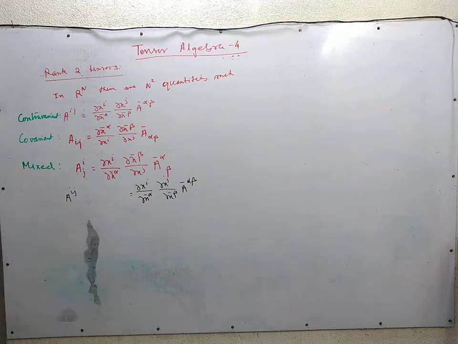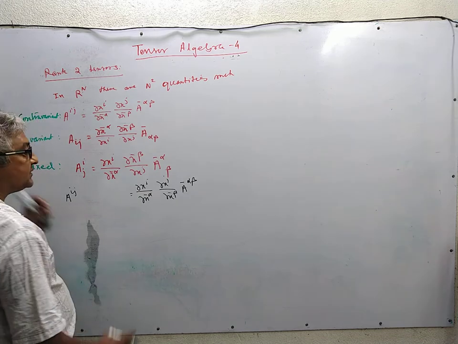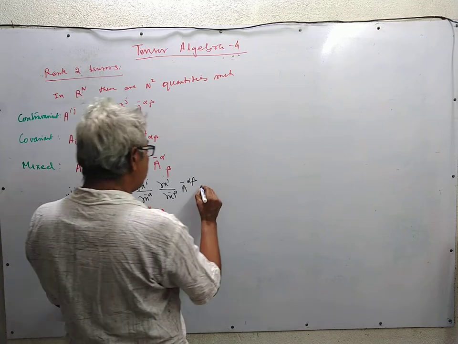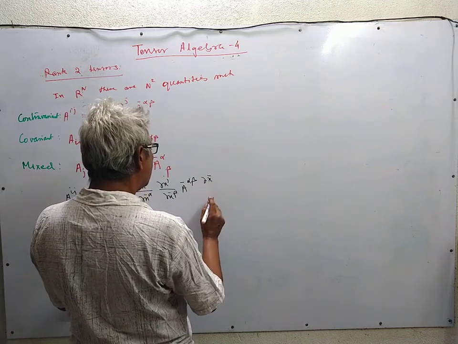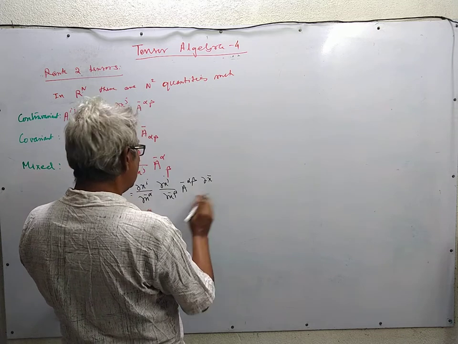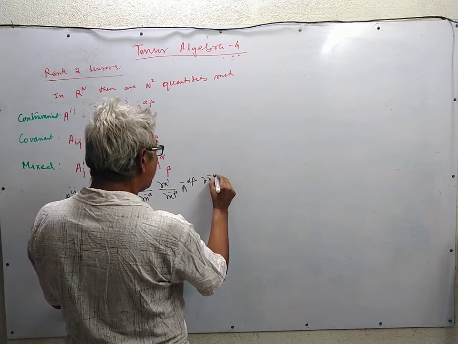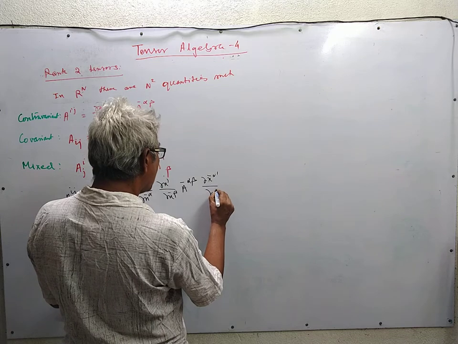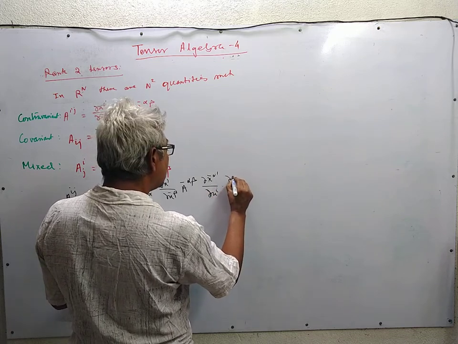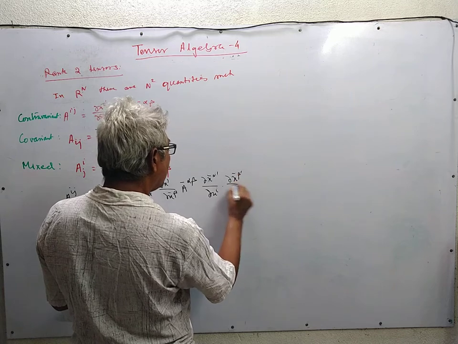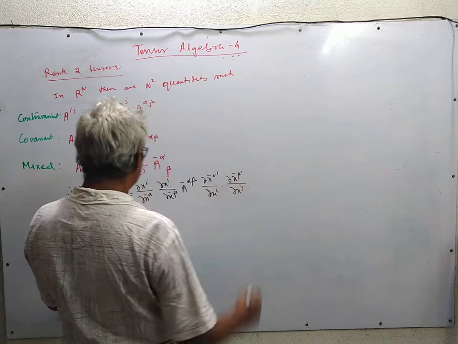This is the relation. We multiply both the sides with del x bar alpha prime, del xi, and del x bar beta prime, del xj.